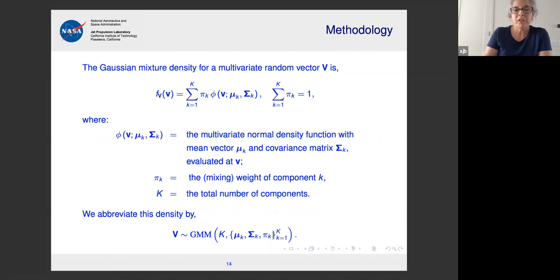I've written this in the vector case because we actually performed our operation on the full state vectors of OCO-2, not simply on XCO2. We converted to XCO2 at the end, but we actually did this operation on the entire thing.